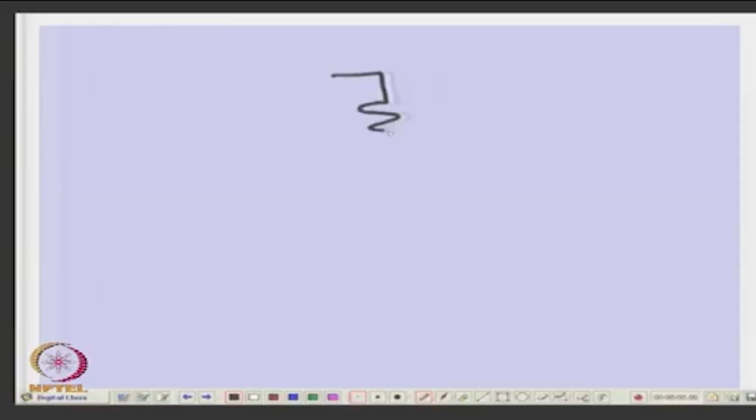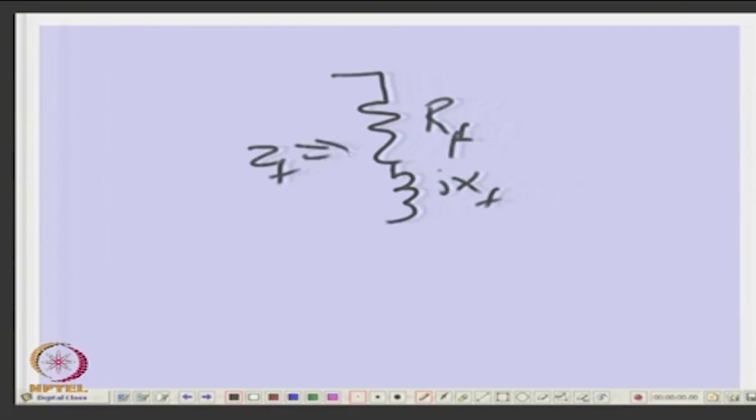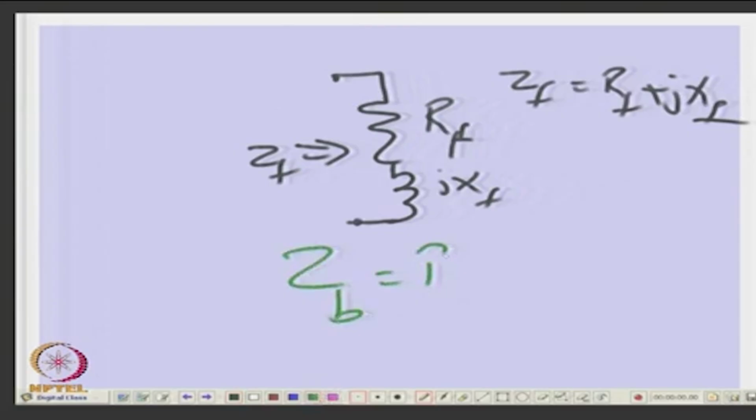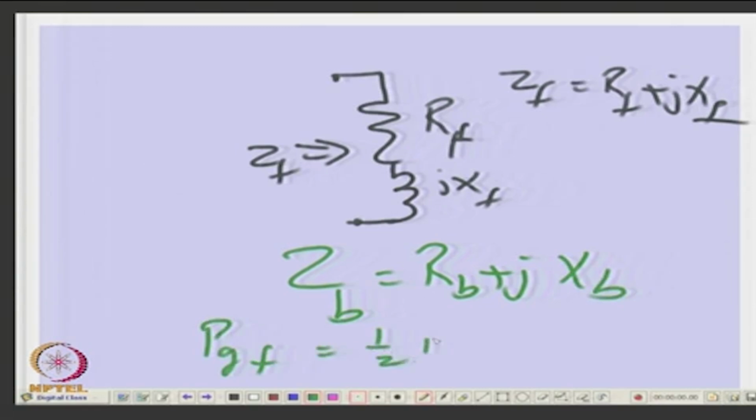We are trying to say, if this is RF plus JXF, this is ZF. So, ZF is RF plus JXF, and similarly you can write ZB is RB plus JXB. So, PGF will be half of I square RF, and PGB will be half of I square RB, that is what we have said.